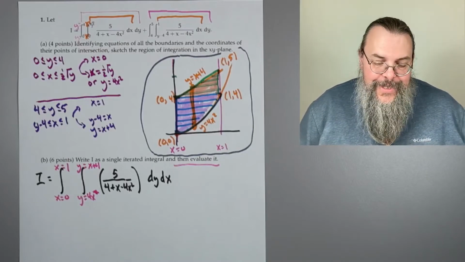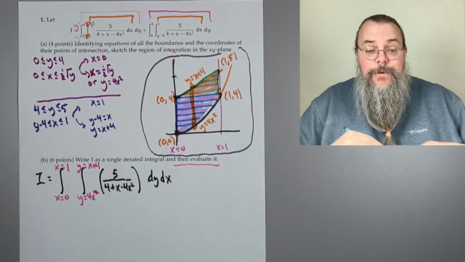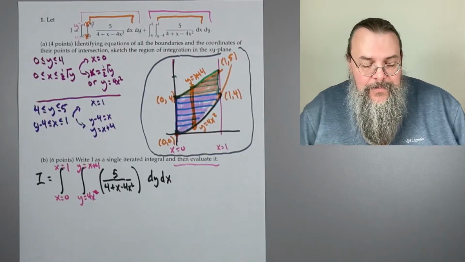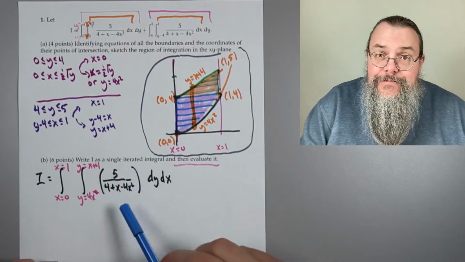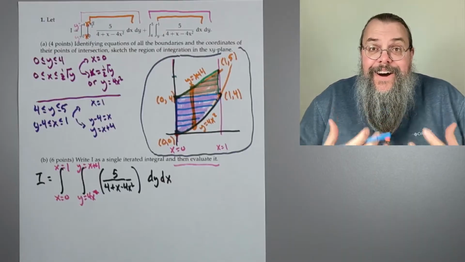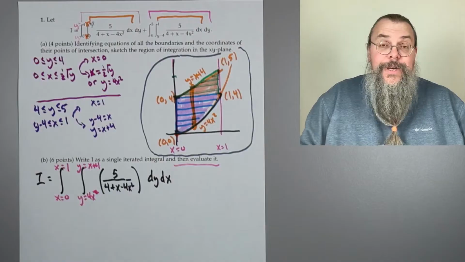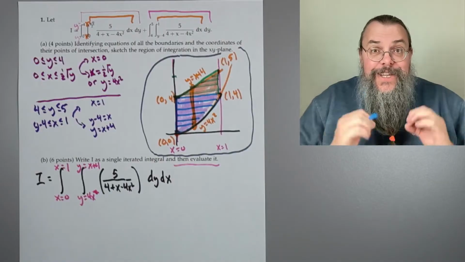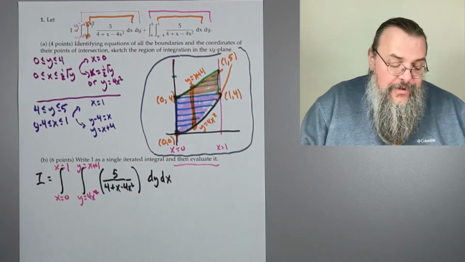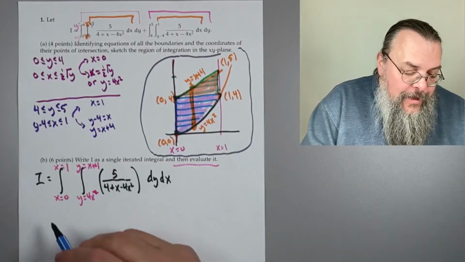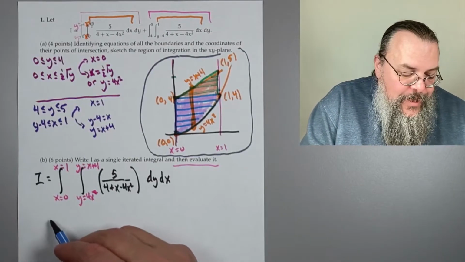Too much going on there. But since we're integrating with respect to y first, this whole expression is treated like a constant with respect to y. So we say, oh, the constants are really nice, really simple to integrate. They're one of our favorite things to integrate. They definitely make the top 5 list, right?